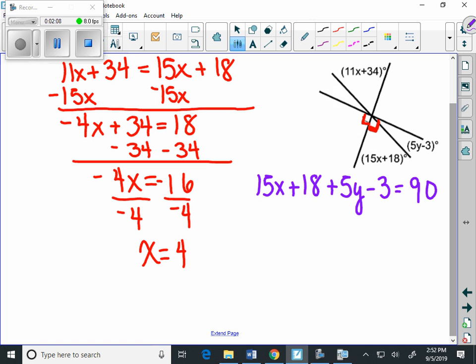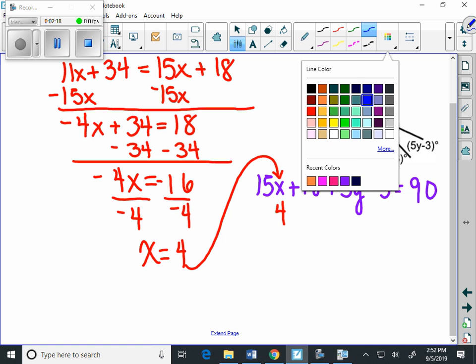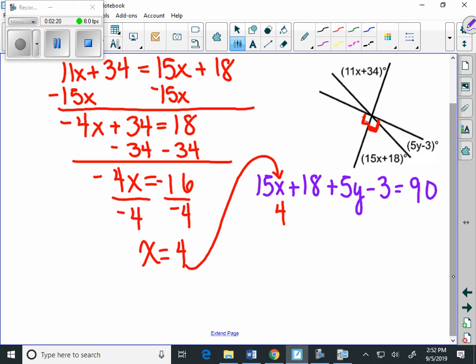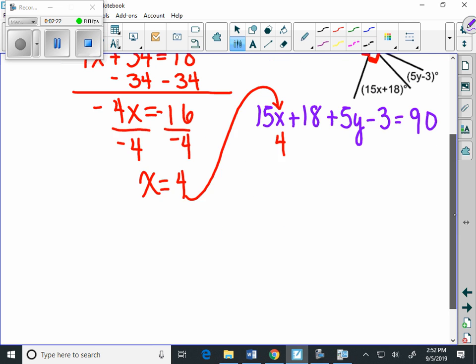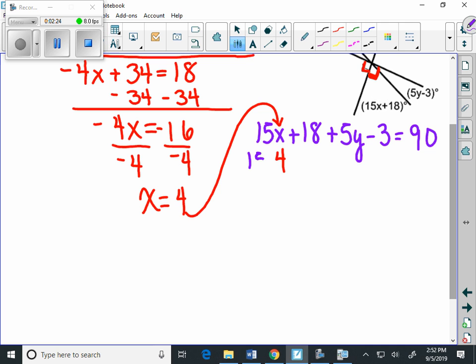And we're going to solve our equation. Before we can, however, we need to take this value of 4 and put that value back in here for x. Once we fill that in, we can finish this problem. It's going to be 15 times 4 plus 18 plus 5y minus 3 equals 90.